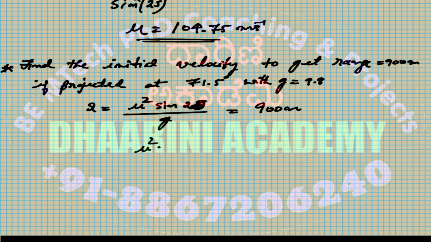So u square is unknown. u square is equal to 900 into 9.8 divided by sine of 2 into the theta value, that is 71.5.